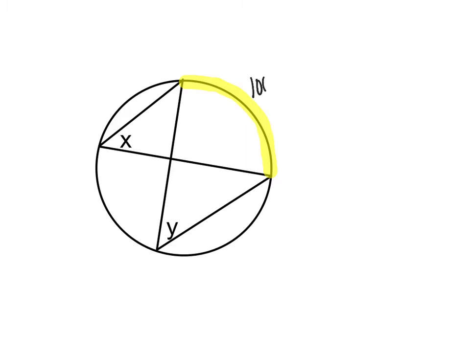Let's say this arc here is 100 degrees. How are X and Y related to each other? If I extend the sides of angle Y, I see that that intercepts this 100-degree arc.